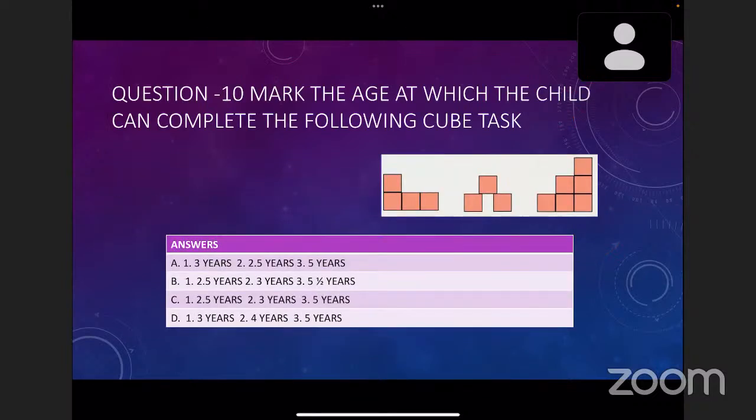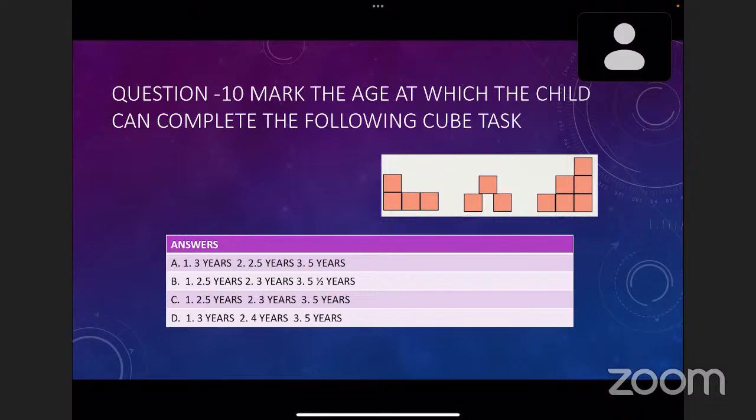Now the next question. Once the child has started drawing, the child is now able to explore with cubes. Cubes are also an integral part because here also the child has to acquire the pincer grasp. After that only can you handle one cube and assemble cubes in a row of 2, row of 3 or row of 4 or whatever.